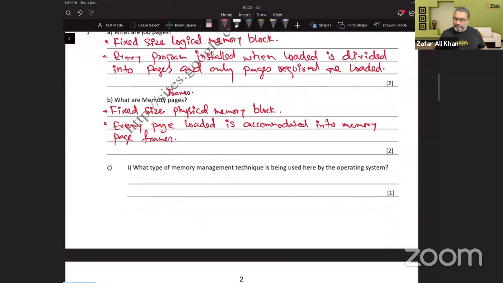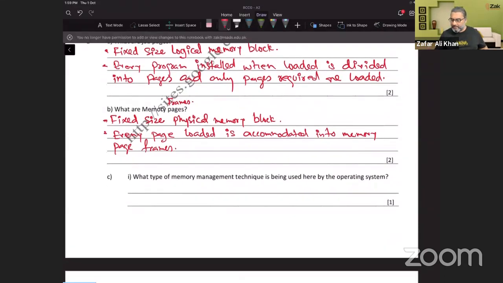What type of memory management technique is being used here by the operating system? It is paging.